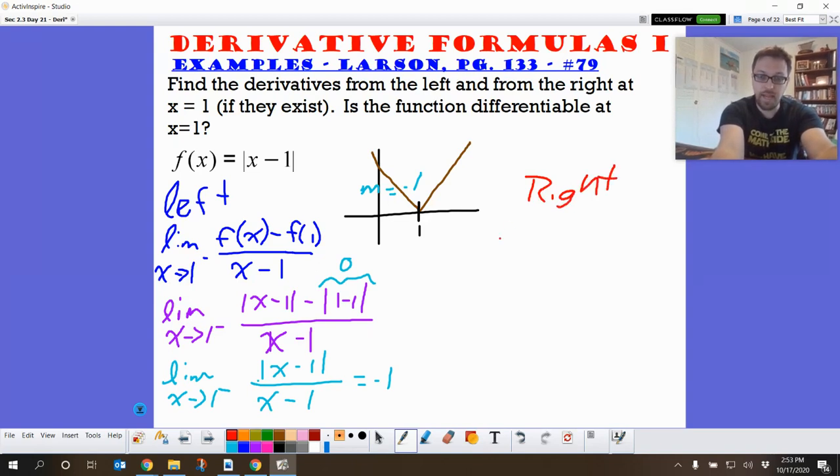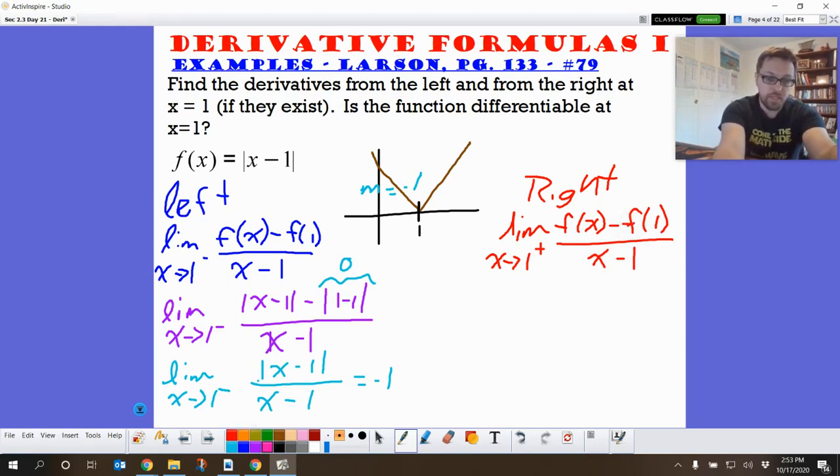If we go to the right, everything's the same, except now we're checking when x is approaching 1 from the right-hand side. So we're still going to do f of x minus f of 1, because we're still checking at 1. And we've got x minus 1, because that's what we're checking.